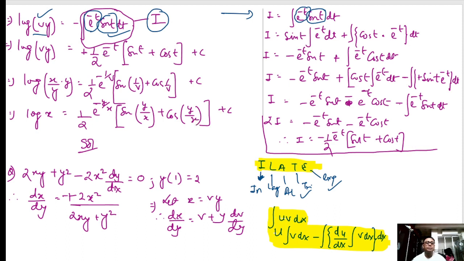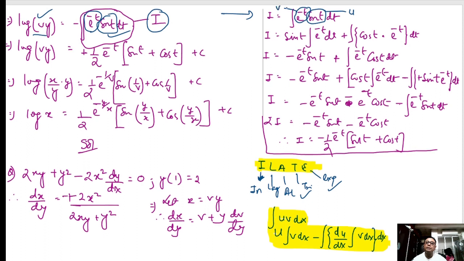So in this sum, sin t will be taken as U and e to the power minus t will be taken as V. So U, integration of V dt, minus the differentiation of U into the integration of e to the power minus t, which is e to the power minus t only.